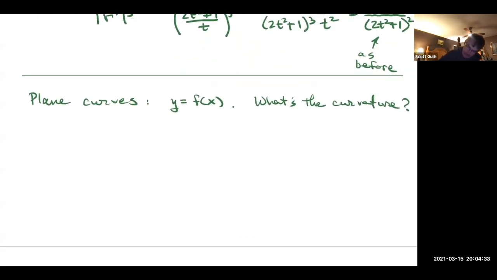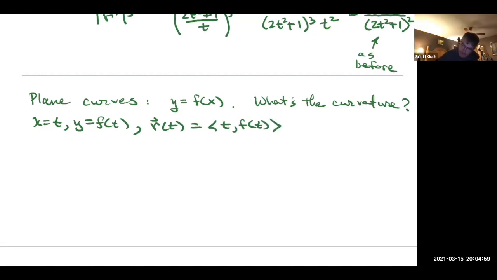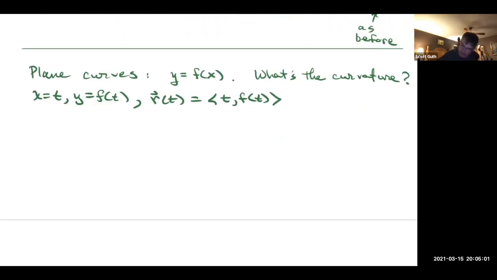Well, we just do this by parameterizing. So r of t, before I do that, I would say x is t and y is f of t. Okay, so then my r of t would just be x of t, y of t. So this will be t, f of t. And then I'm just going to use one of the formulas.